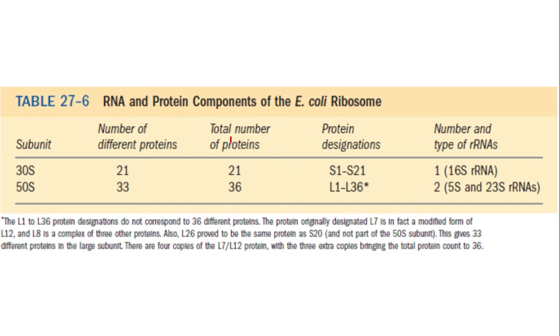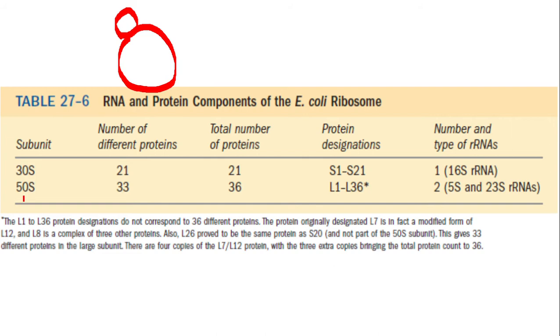And you know that synthesis of proteins requires the ribosome. What about the components of the ribosome? Ribosome consists of two subunits, a smaller subunit and a larger subunit. We study the size of these units in the form of the Svedberg unit, related to the sedimentation coefficient. 30S is the smaller one, 50S is the larger one.